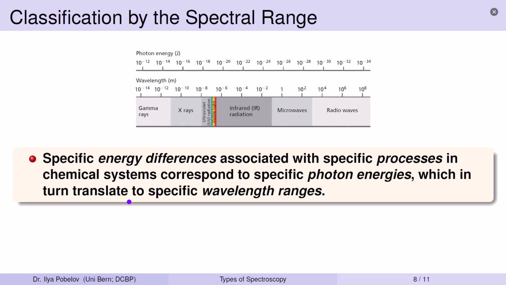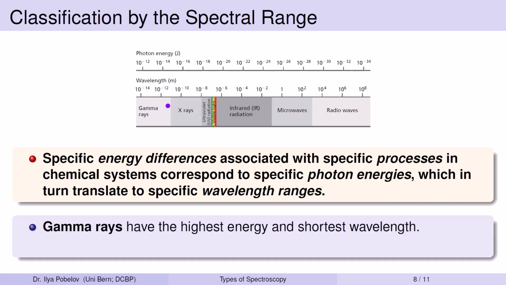It's crucial to understand that specific energy differences associated with specific processes in chemical systems correspond to specific photon energies, which in turn translate to specific wavelength ranges. Let's visualize this spectrum in descending order of energy.